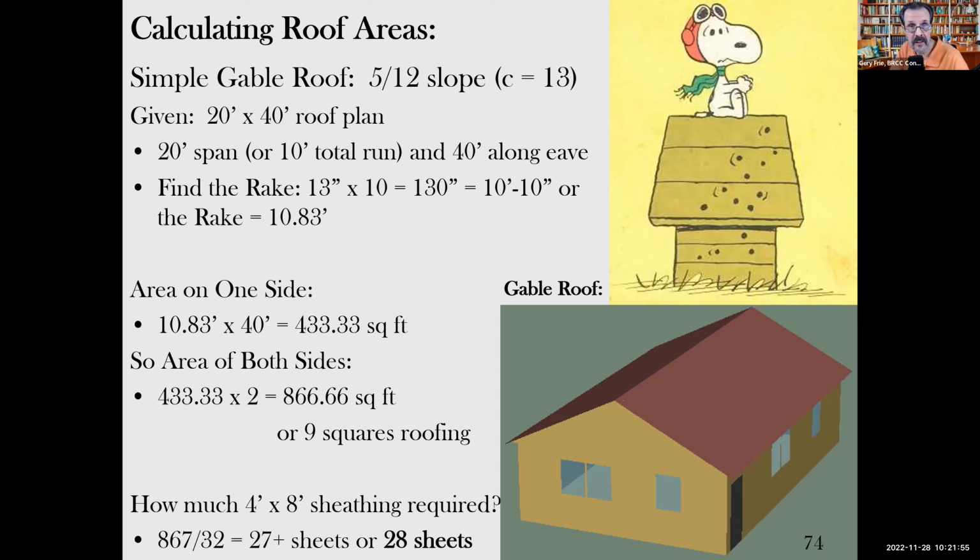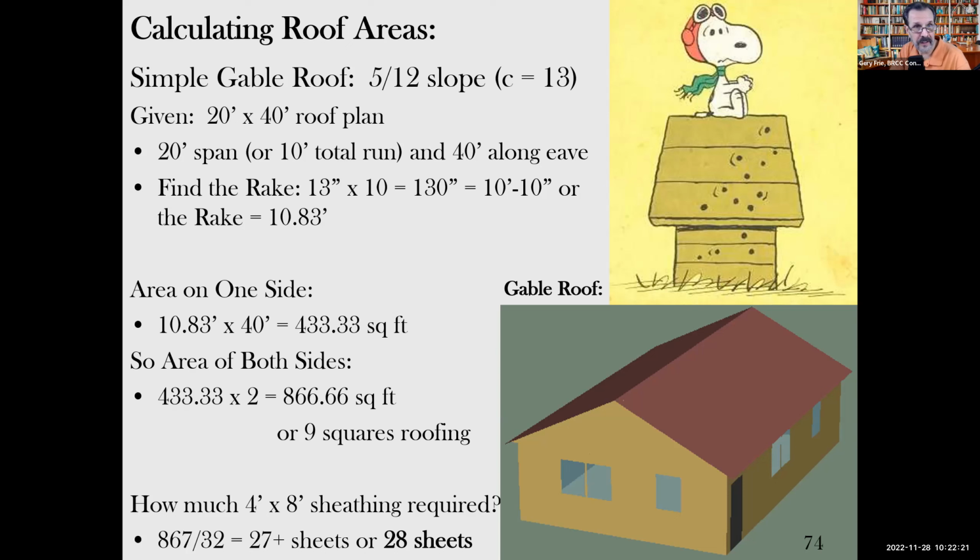You don't need to get all fancy. It's a nice round 13. So for every foot that you're going horizontally across that building, you're going along the hypotenuse 13 inches instead of 12. And for every foot that you're going horizontally, you're going up 5 inches. So if you think about this, it's a unit triangle.